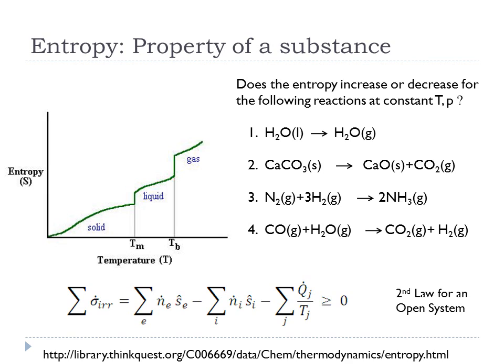So what I want to point out is that we could have a situation in which the irreversibility, the sigma of the irreversible, will equal 0, and that would be exactly the case when the flow rate times the entropy difference of these little S hats were equal to Q dot over T, right?